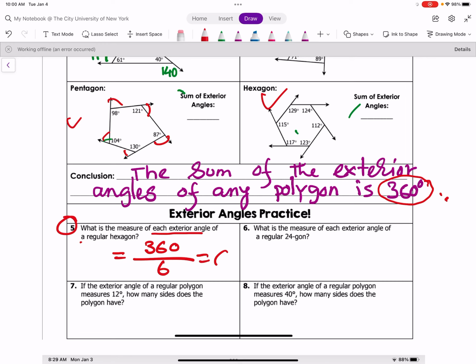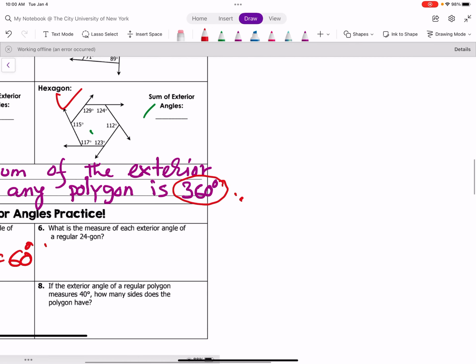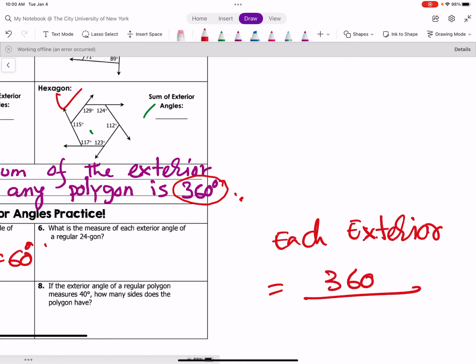So you get 60. So any time you need to find the value of each exterior angle of a polygon, you say 360 divided by n, where n is the number of sides. Okay, so this is the way we do it.